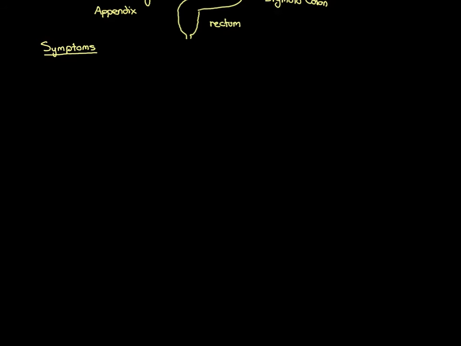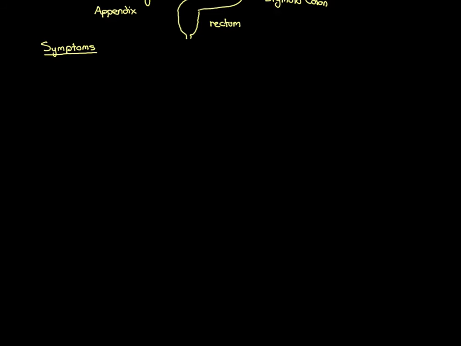I said that inflammatory bowel disease is an episodic disease. It's relapsing, remitting. You will only have the symptoms present when you're in a relapse, when you're in an episode, when the inflammation is actually present within some portion of the intestine. So these are the symptoms of a flare or an episode or a relapse of inflammatory bowel disease.